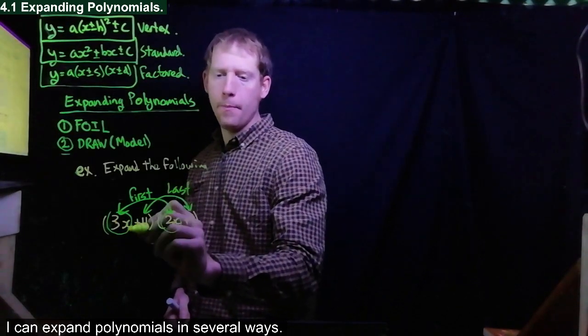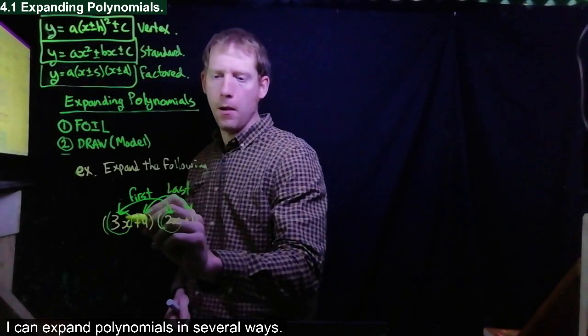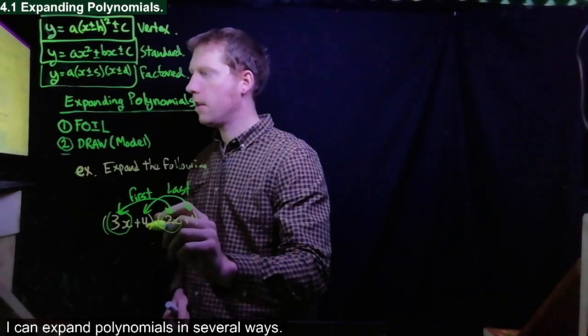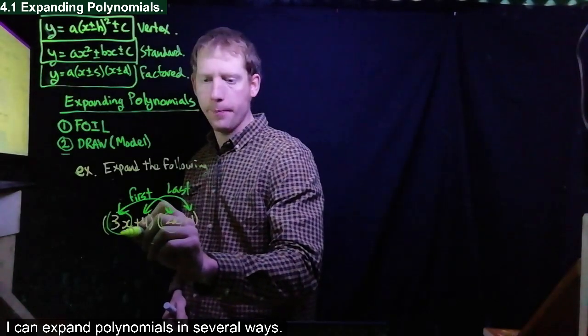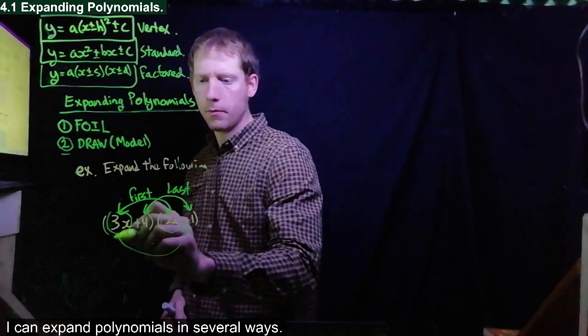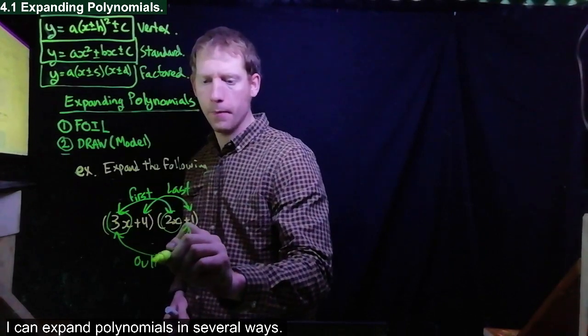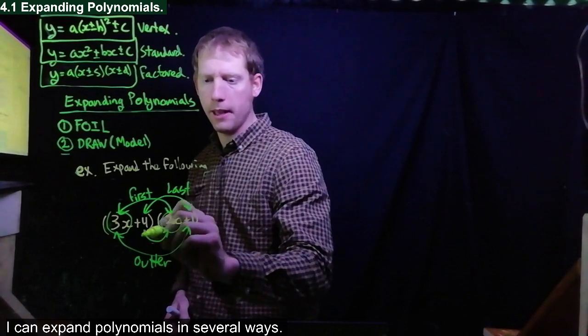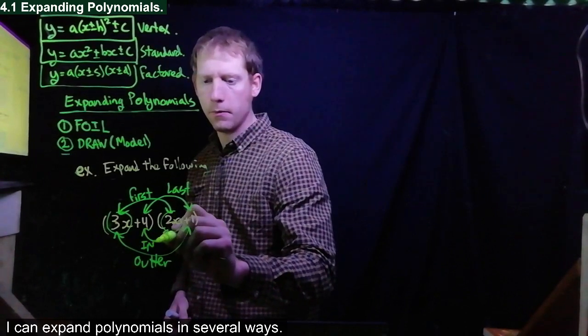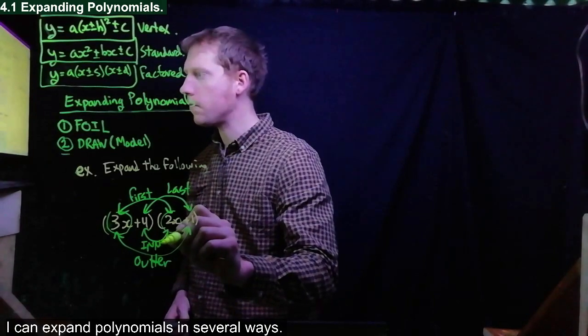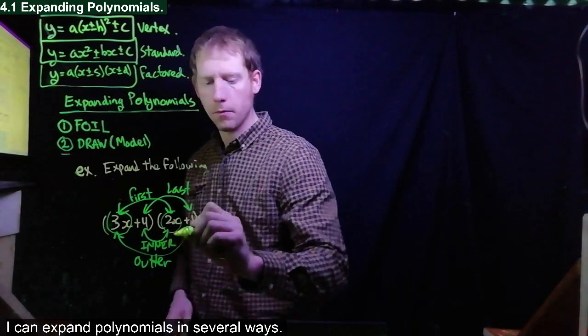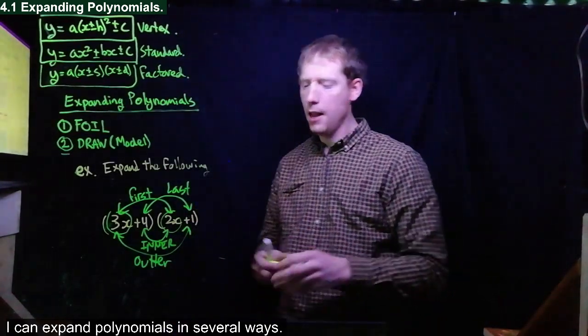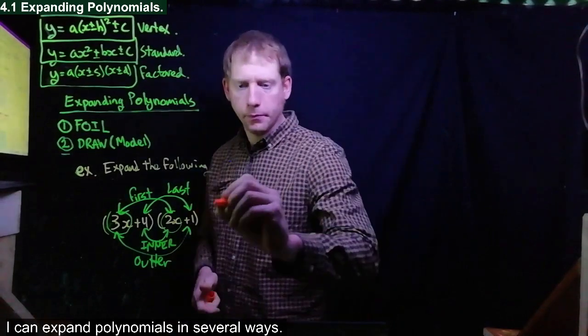And then you have outer. This is called outer. And then you also have to multiply the inner. And that's FOIL, okay?